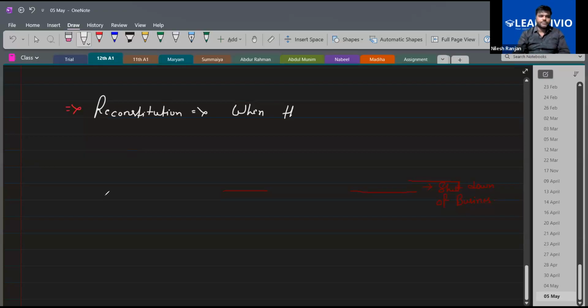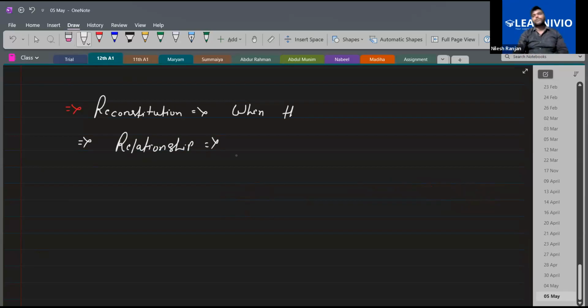Okay. So can you tell me how all the partners are connected in a firm? Connected with each other? What is the relationship between them? So relationship, it is division of profit.